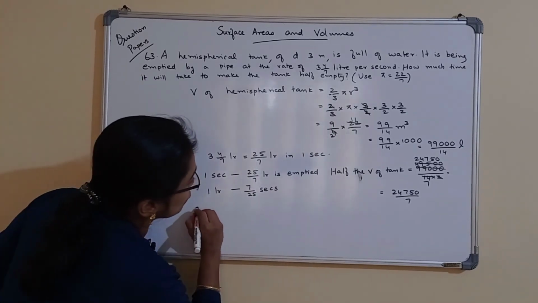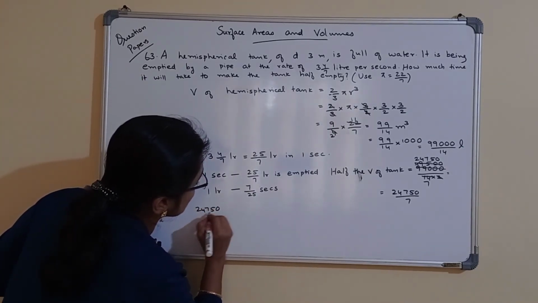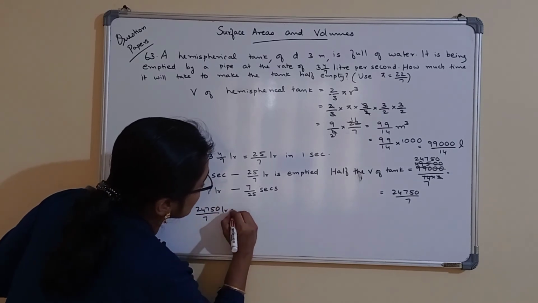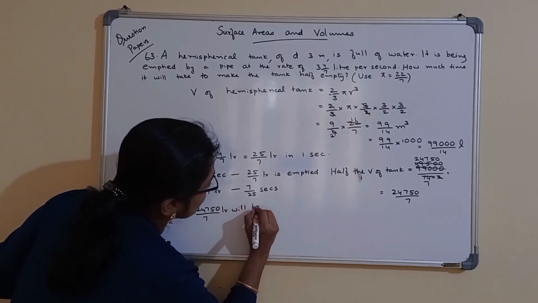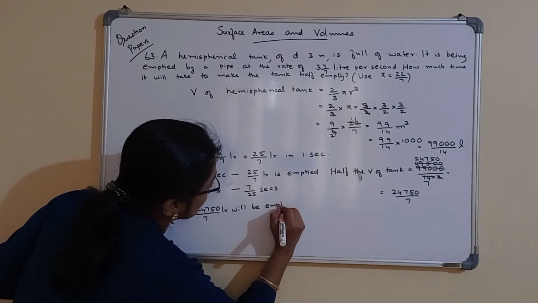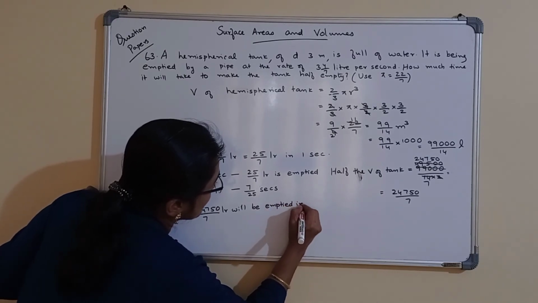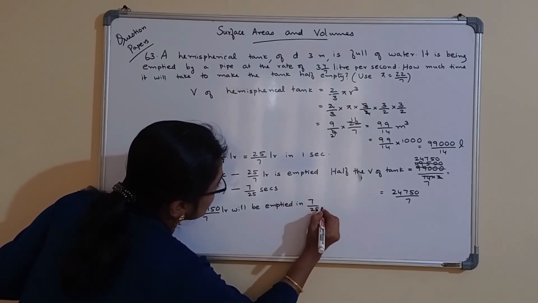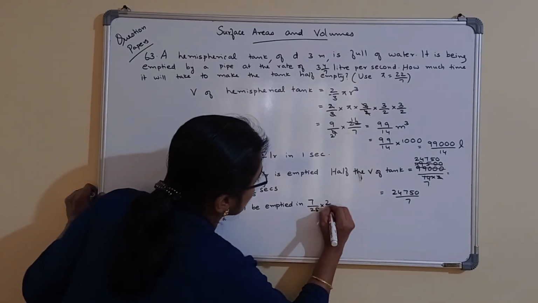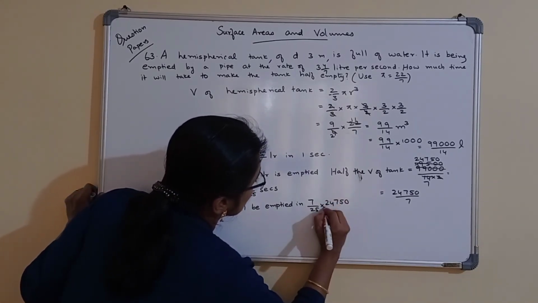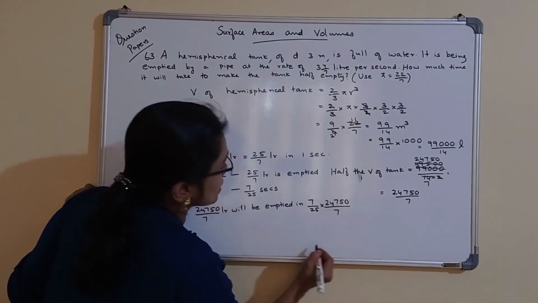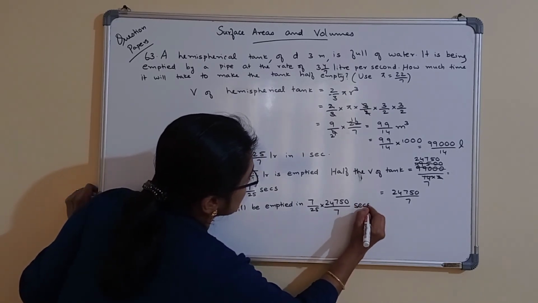So 24750 by 7 liter will be emptied in 7 by 25 into 24750 by 7 seconds.